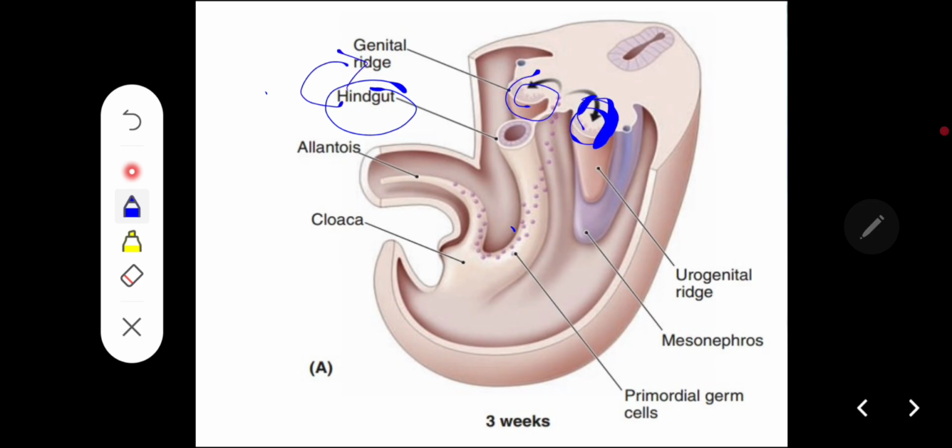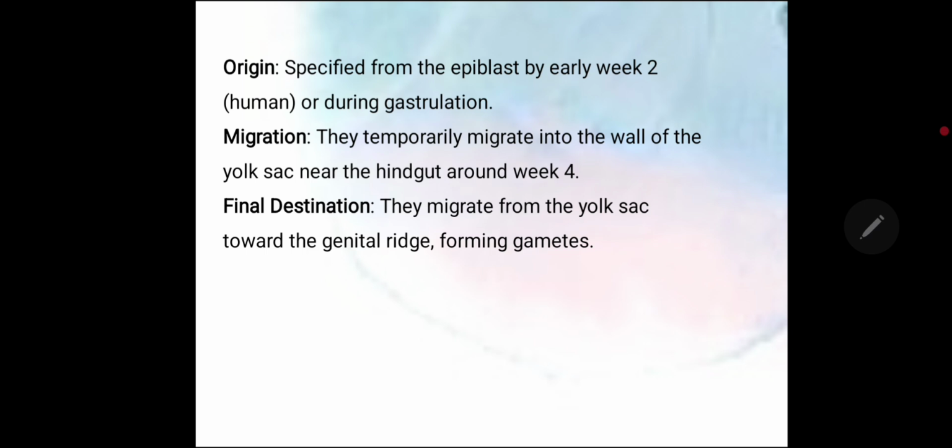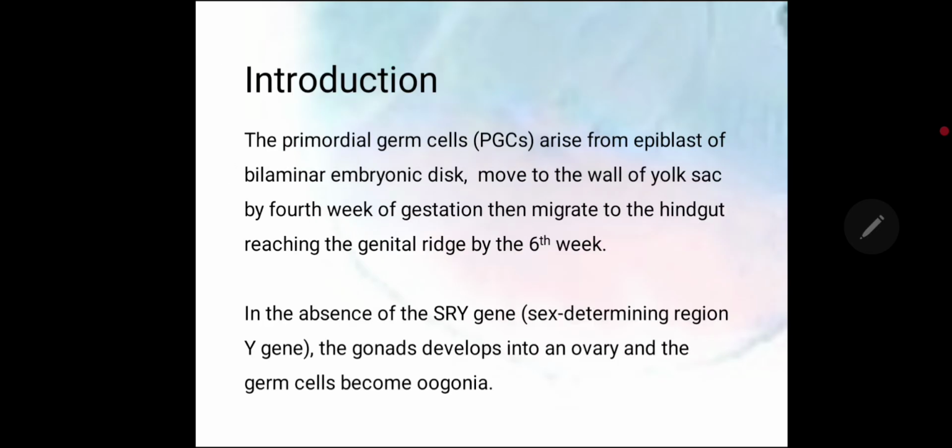So, origin from the epiblast at the 2nd week, migration by the 4th week to the yolk sac, and final destination the genital ridge by 6 weeks. Okay, the genital ridge is the future gonads.